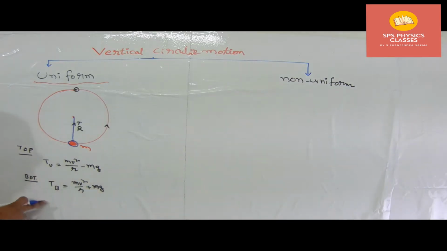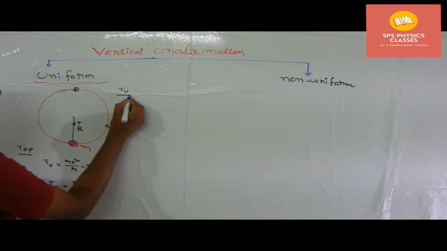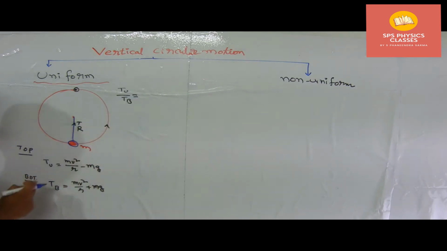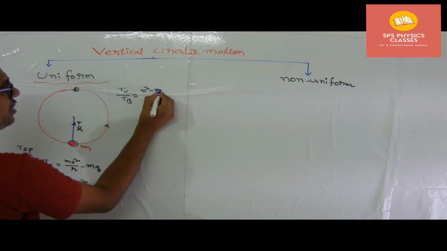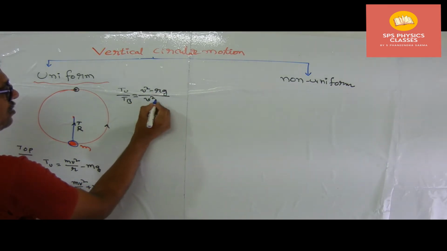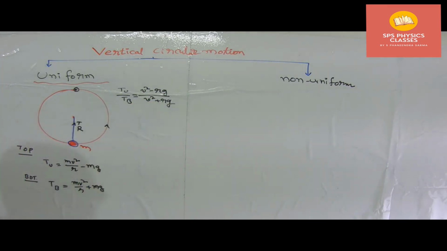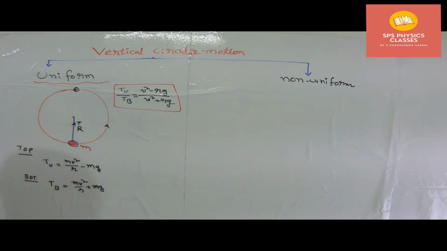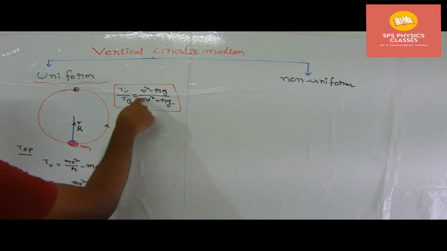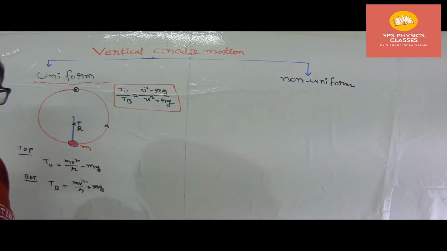That means when you take the ratio of these two parameters, Tu by Tb is equal to (V square minus Rg) by (V square plus Rg). So in the examination, if the examiner asks us to find out, with selected values given, by using this formula one can determine the ratio of the tensions or the untold velocity V, you can apply using this relation.